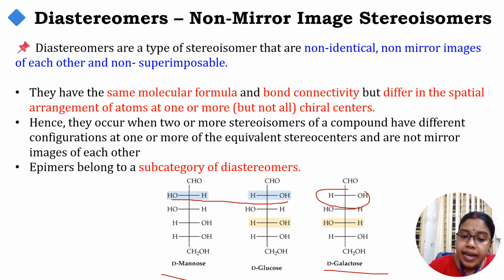However, D-mannose and D-galactose are diastereomers of each other, because if more than one chiral carbon is different, we can say they are diastereomers, and they are non-identical, non-mirror images of each other, and also non-superimposable. That's why we say epimers are a subcategory of the diastereomers.